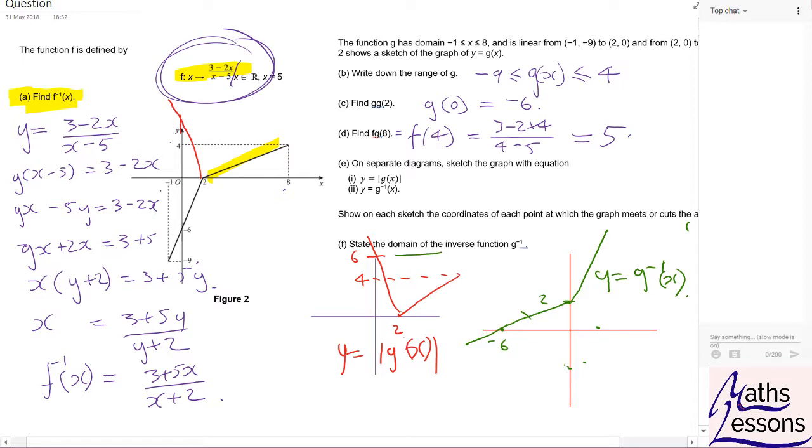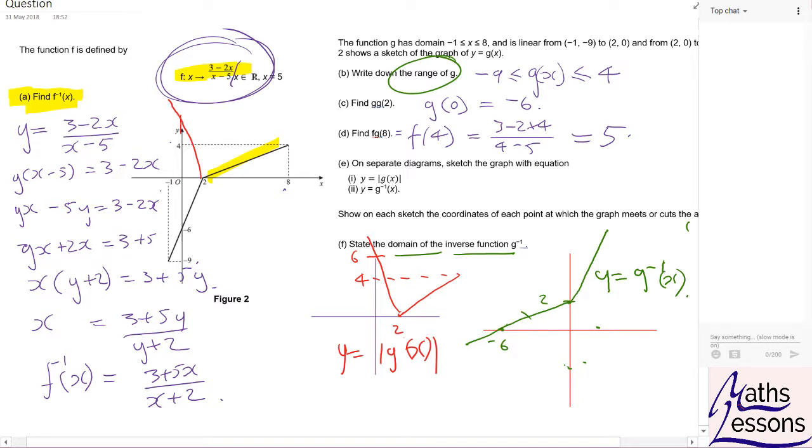State the domain of the inverse function g to the minus 1 of x. All right, so the domain of the inverse function is equal to the range of the original function. The range of the original function is minus 9 to 4.